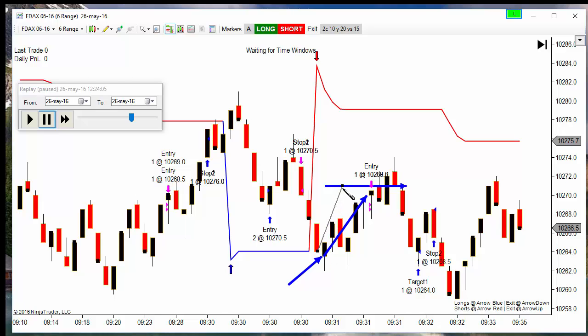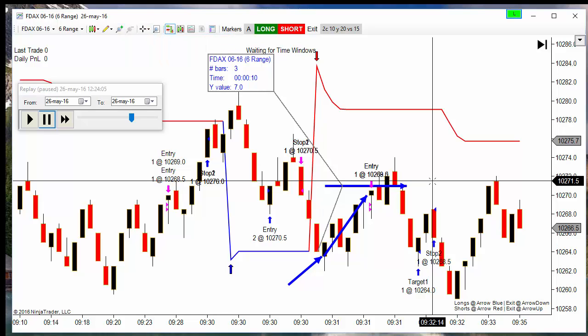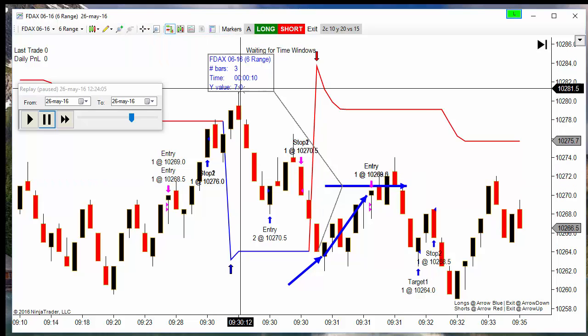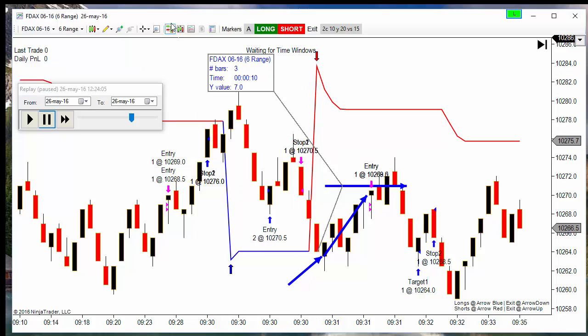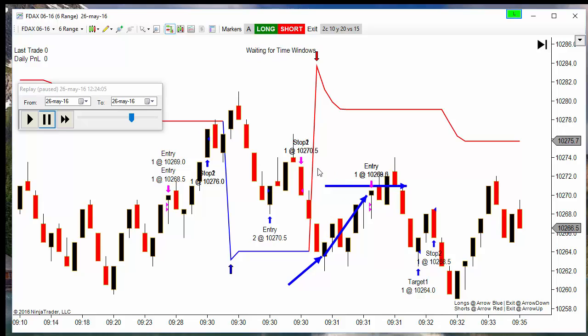Then we can take the close of the signal bar. We are 7 points from the low of the signal bar.